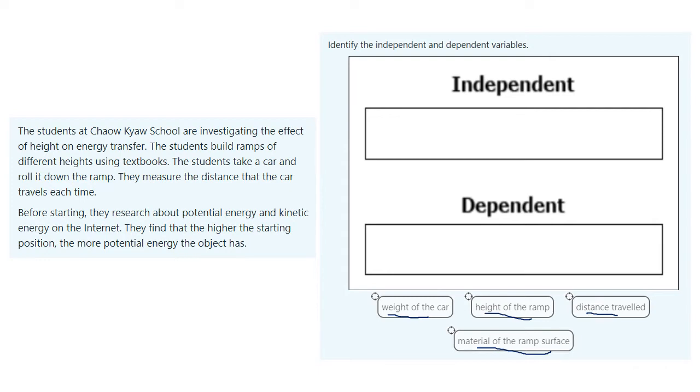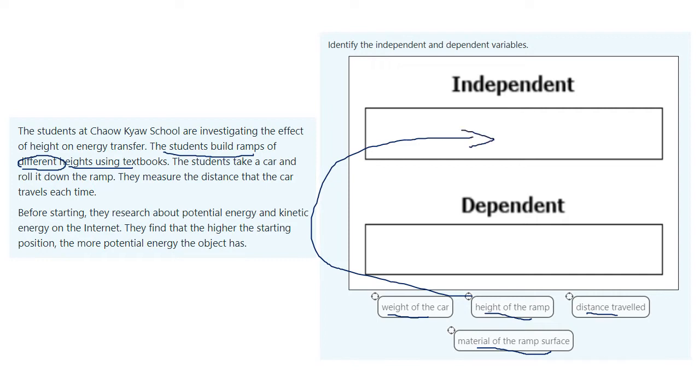Well, we see the word different in the passage. It said the students build ramps of different heights using textbooks. So the thing that is different each time is the height of the ramp. So height of the ramp is going to be the independent variable.